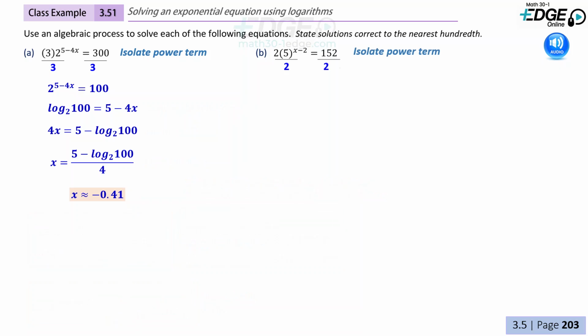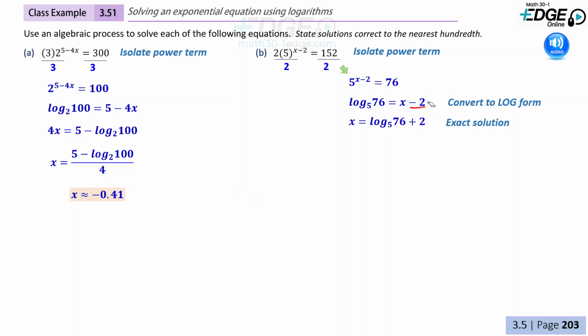All right, let's do B. So isolate the power term again. Convert to log form. So again, base 5, so we're going to be using log base 5. And then isolate for x, so just really moving the 2 over to the other side. This is written with the x on the other side, but same thing.